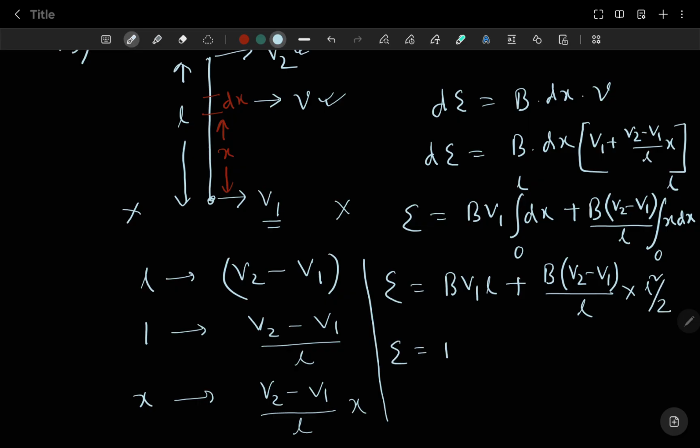So it will be B V1 L plus B V2 minus V1 L by 2.